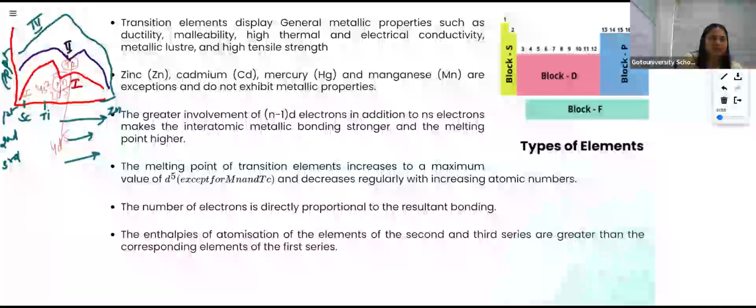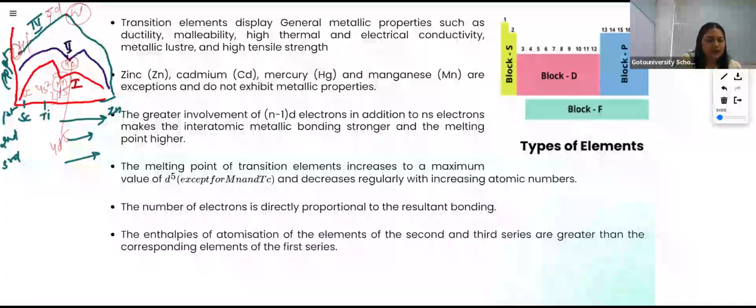But in the case of the third series, with the 5d configuration, here we have tungsten, W. This series starts from Hf, or say lanthanoid. And here W, that is tungsten, shows the highest melting point.